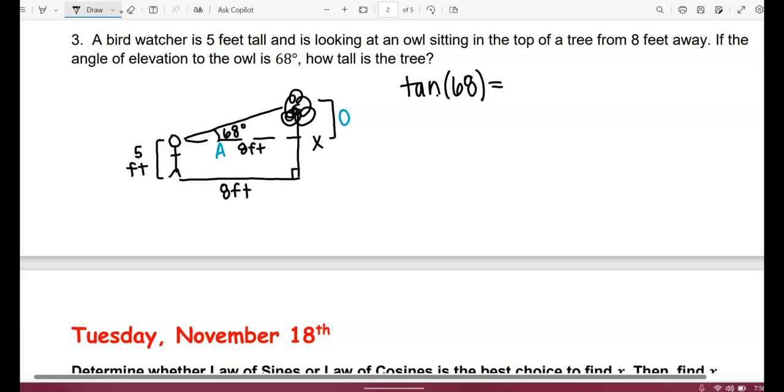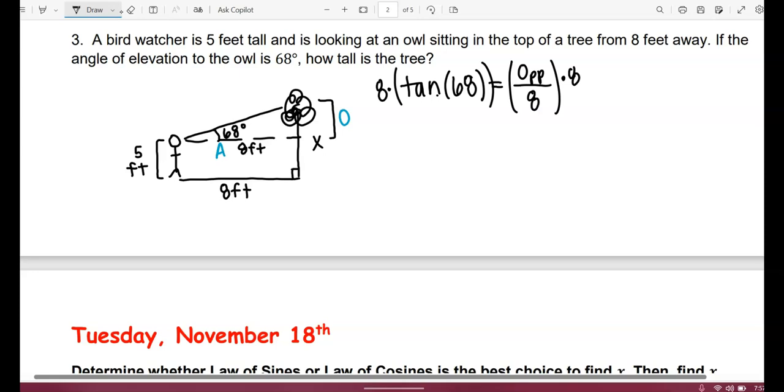I don't have my opposite side. I don't really like to use O. I guess I'll use op for opposite side. Over 8 feet, which is my adjacent side. And how do I solve that for my opposite side? Multiply by 8. Good. So I've got 8 times tangent of 68.